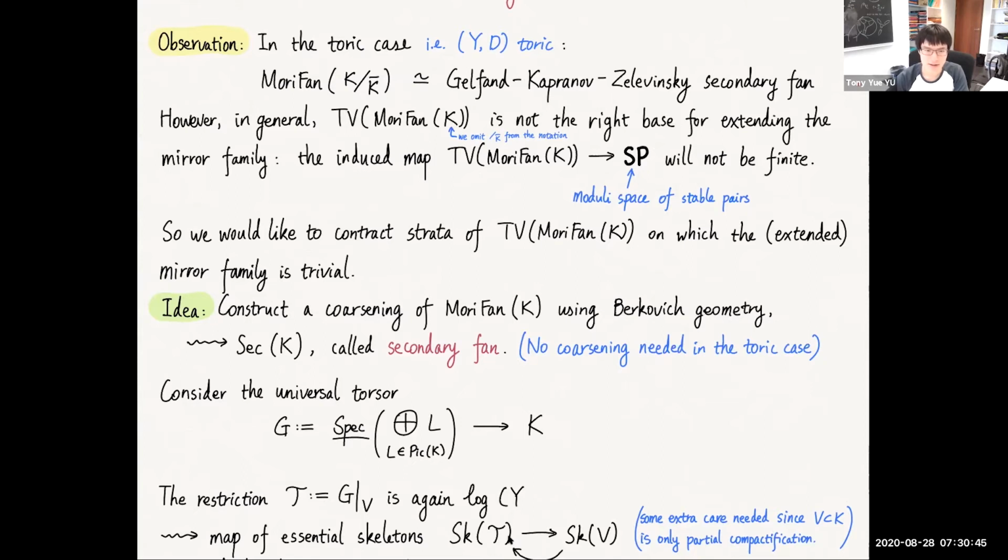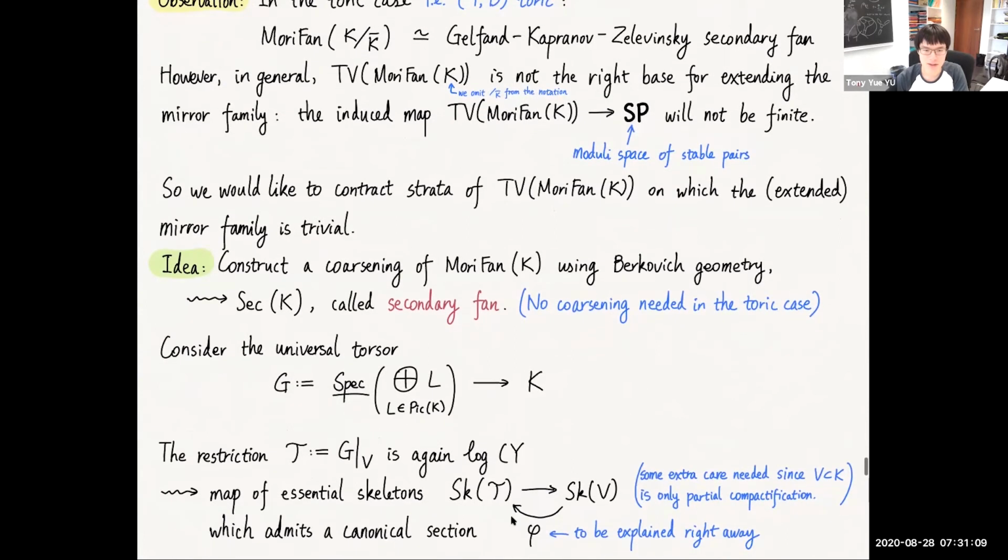The restriction of the universal torsor T to V is an algebraic principal torus bundle. When we take skeletons, we get an affine bundle. And what is good about this affine bundle is that it admits a canonical section phi, and I will explain the construction of this section phi in a moment.